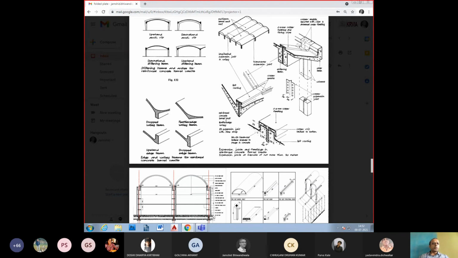So in the first diagram you see a rib portal which comes at equal intervals, and in between, the slab, instead of a regular flat slab, is designed as a shell structure, right? Or you have barrel vaulted structural systems where, to avoid the secondary beams and all, you are able to use the shells, and the amount of concrete gets reduced.